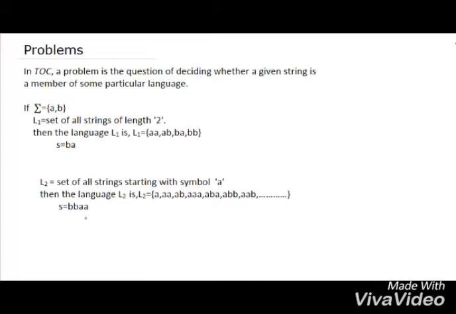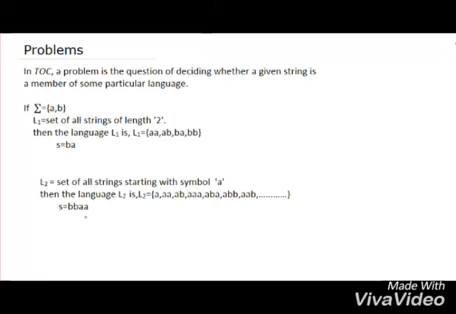So if you go through linear search, it may take forever to produce the output for this question, because here we are not telling where to stop the checking. If you go through linear search, it goes on checking for the string bba, and it does not find this string forever.